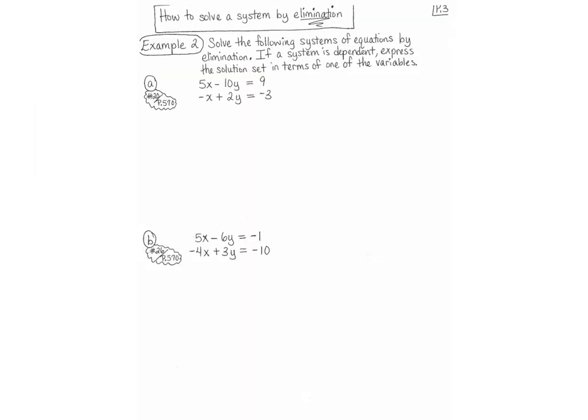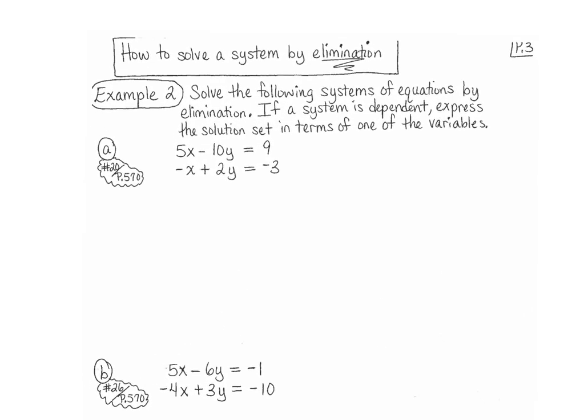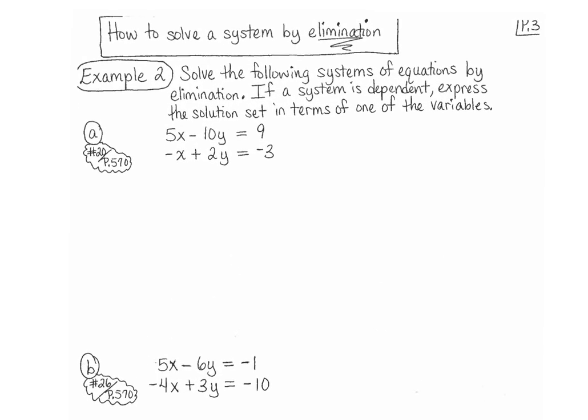Elimination is my favorite, but you choose what works for you. You can use either or. If it just says solve the system without saying the method, then you can choose.